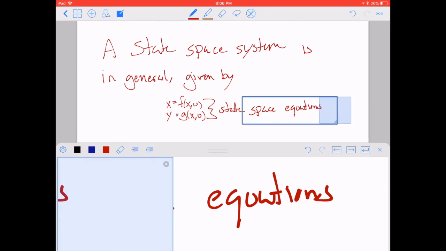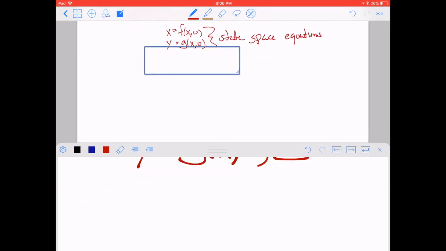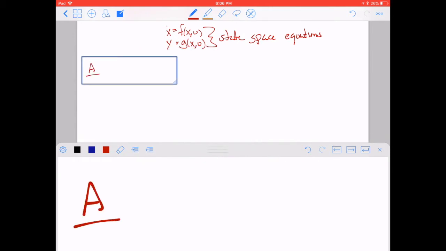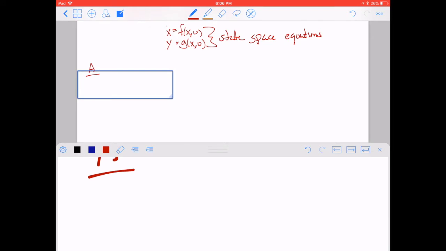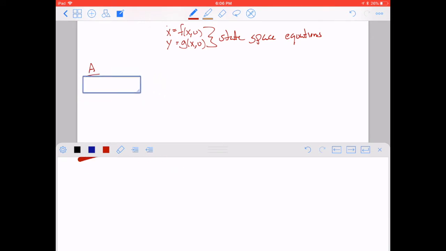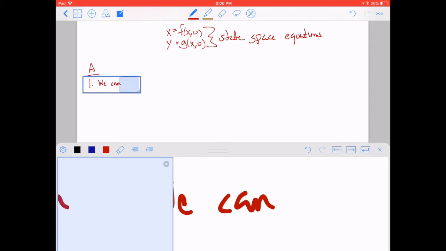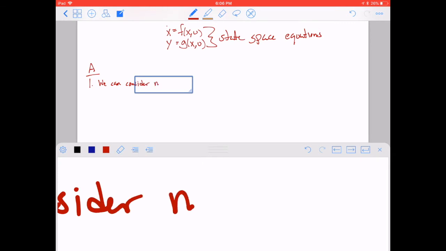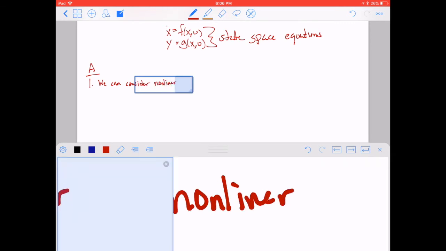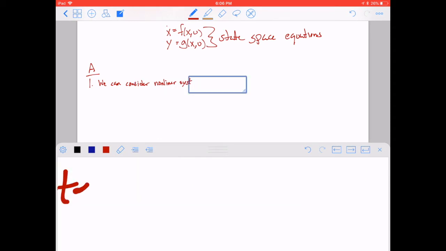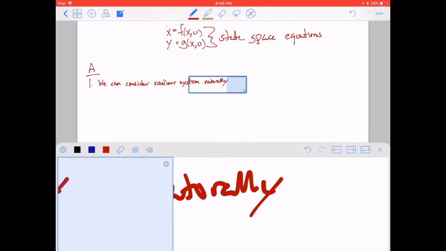Notice two things immediately. One advantage is that we can consider nonlinear systems naturally. Now, we won't look at nonlinear systems necessarily in this course.